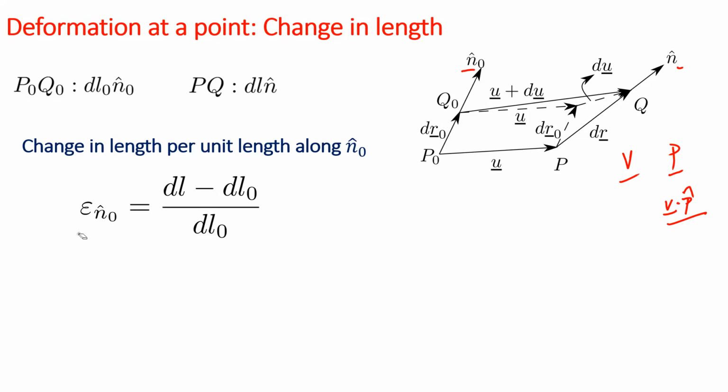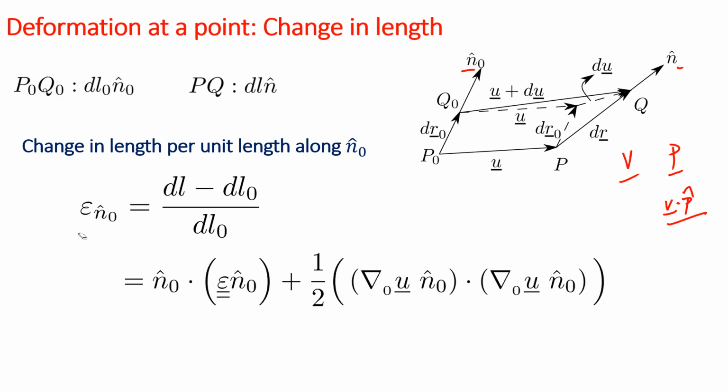So let me erase this. One is the formal definition which we have seen, but I'm trying to also put it in perspective as to how one calculates given all these vectors. To simplify it, this is what you will get. How will you get this? DL. What is DL? The magnitude of the vector PQ.